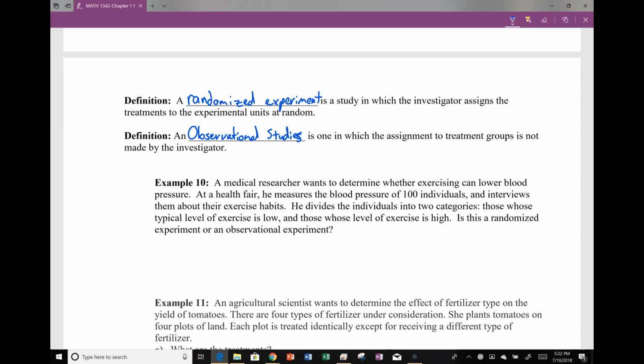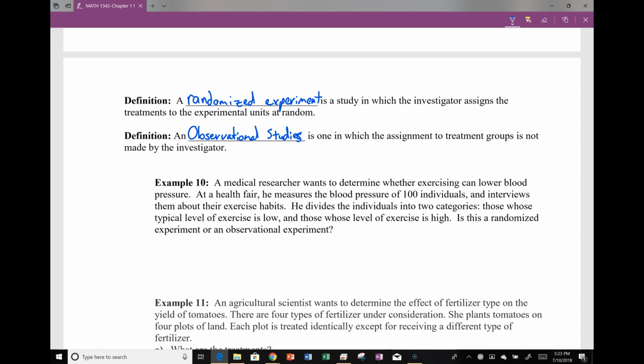Observational studies, again, you cannot select which subject gets the treatment. This is like saying group A is going to smoke, group B is not going to smoke. What happens to their blood pressure?